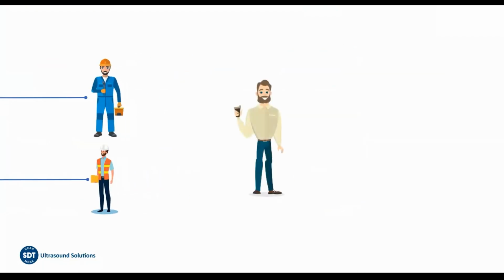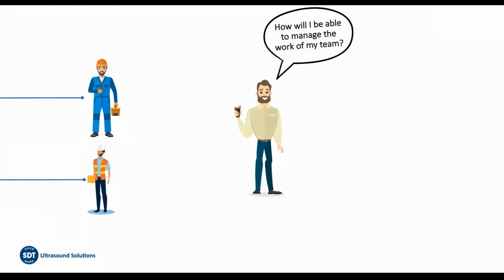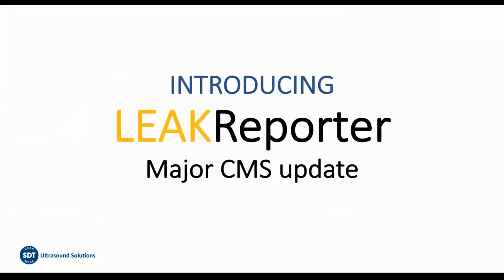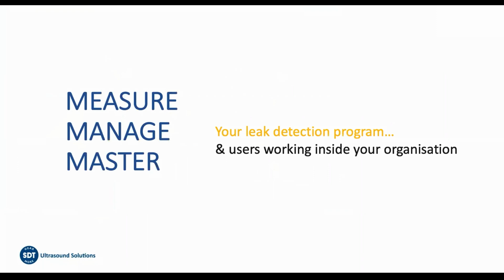And so we were frequently challenged by our customers about how they could manage teamwork in these larger companies. For this reason, we're deploying this update so that you can measure, manage, and finally master both the energy savings campaigns and the actors that participate in those campaigns.